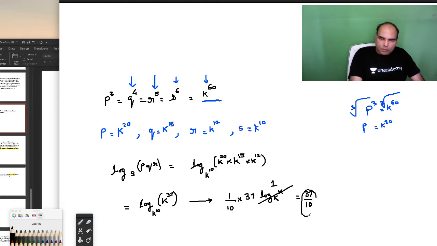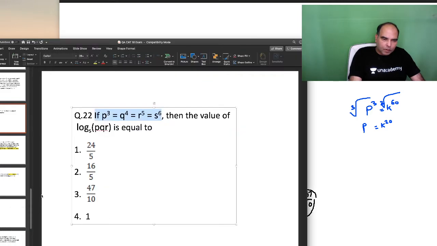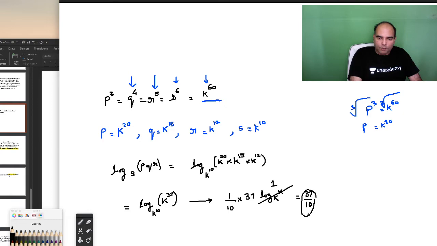So this is the answer to this question, and I think there's a misprint here. This fourth option should have been 37 by 10. That's the correct answer there. So this is the correct, 47 by 10 I got.